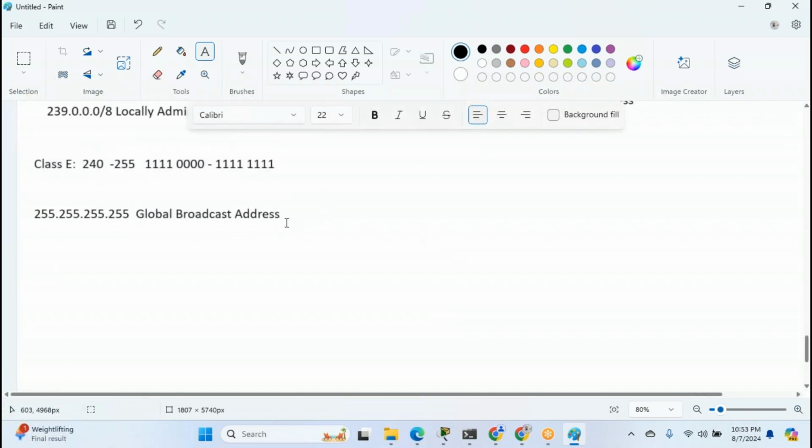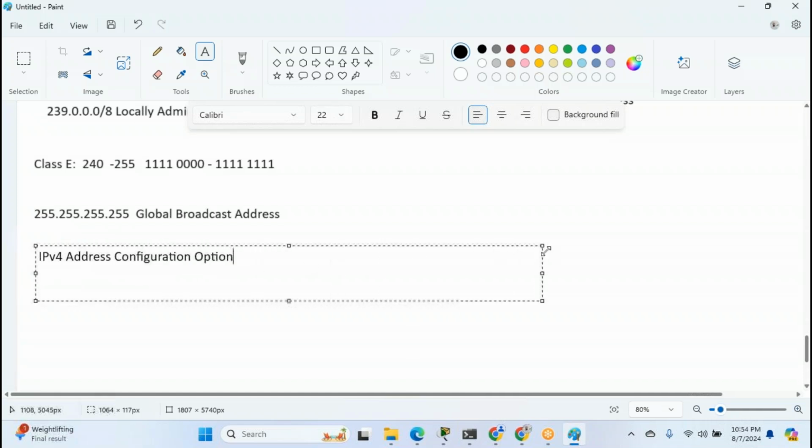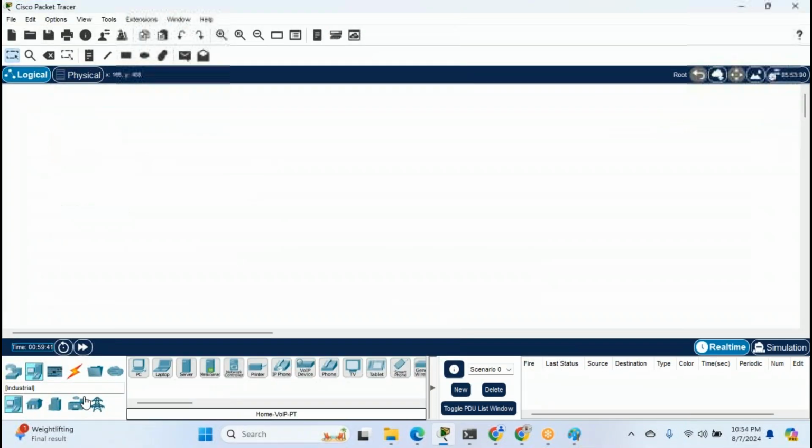So, IPv4 address configuration options. Can anyone tell how, when an IPv4 address is assigned, it performs duplicate address detection? What is the duplicate address detection process of IPv4?